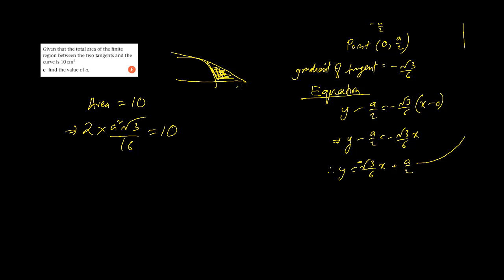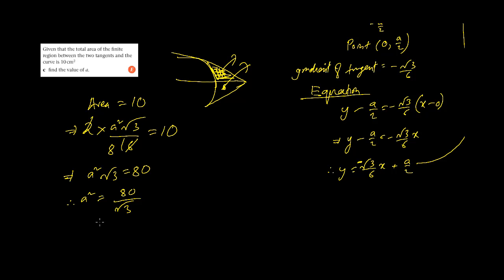And the total area is both this and this. So you take this and this into 2, they are equal. So from here 2 8s are 16, so a square root 3 equals 80. Therefore a square equals 80 divided by root 3.